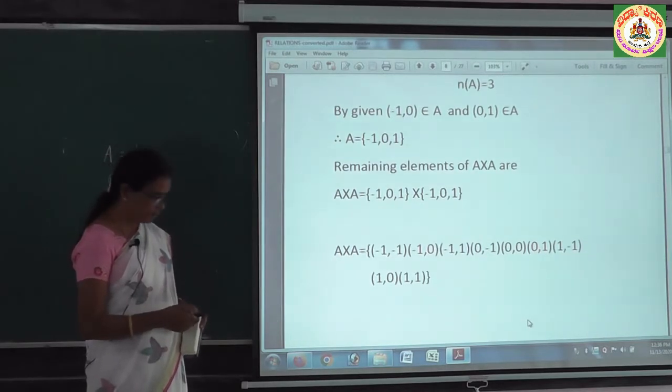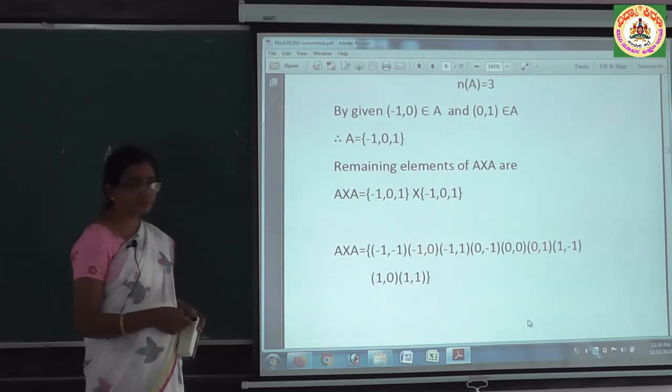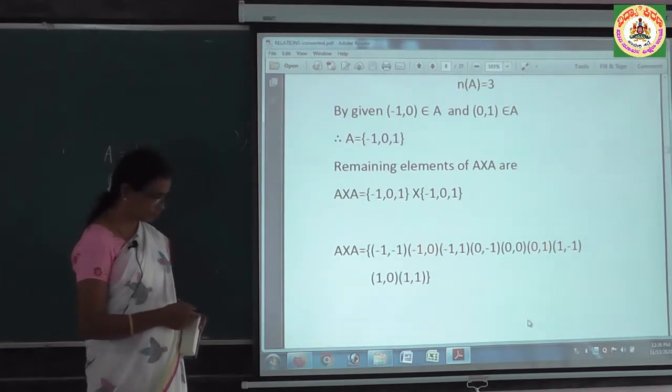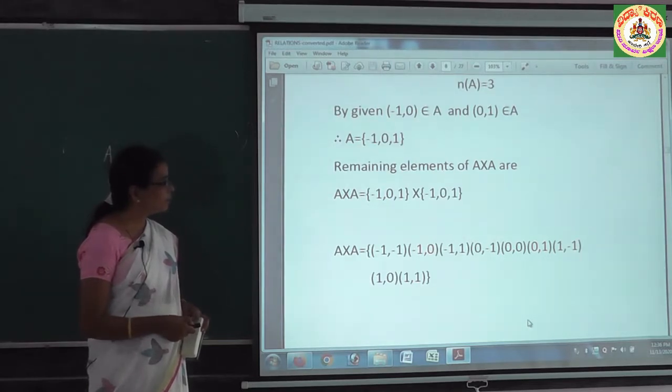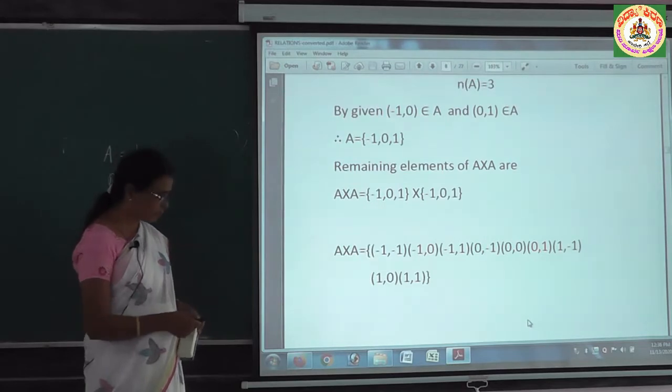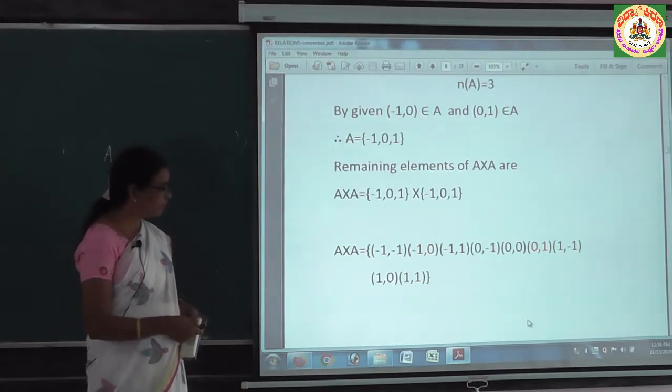After multiplying, we will get (-1, -1), (-1, 0), (-1, 1), (0, -1), (0, 0), (0, 1), (1, -1), (1, 0) and (1, 1).